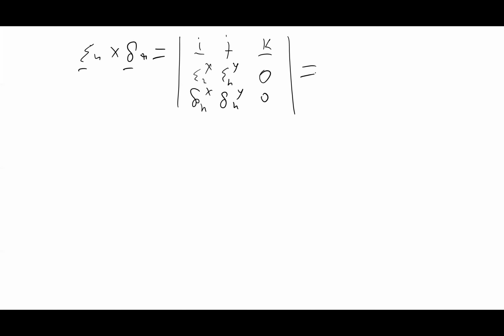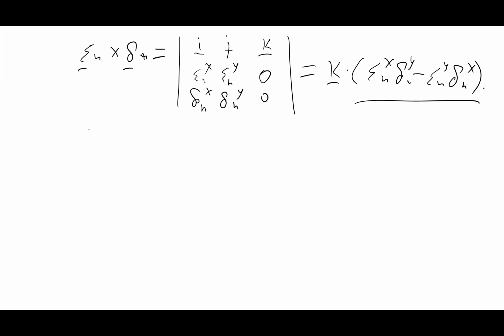And this will be equal to the unit vector k times epsilon_n x delta_n y minus epsilon_n y delta_n x.